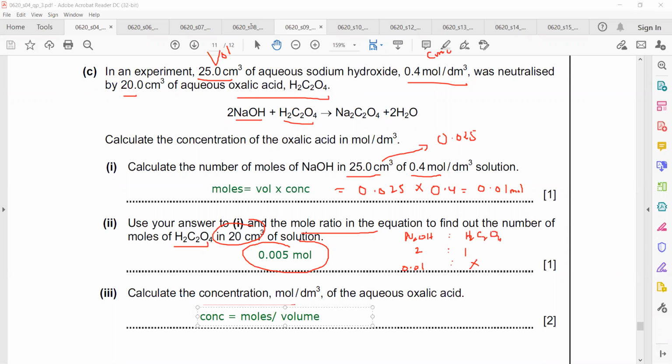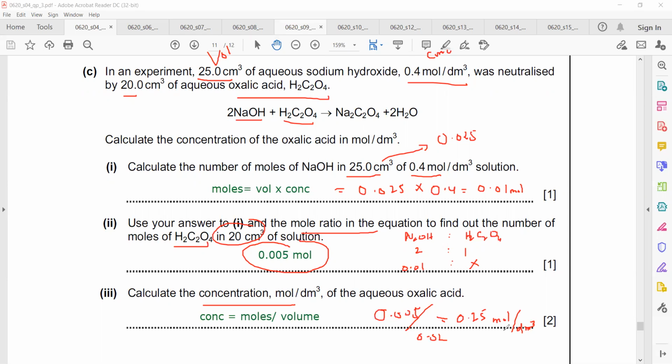But volume in dm cube, decimeter cube. So moles were 0.005 and the volume was 0.02, because 20 cm cube I have to convert into decimeter cube. What is the final answer for concentration? 0.005 divided by 0.02. That's equal to 0.25 moles per decimeter cube.